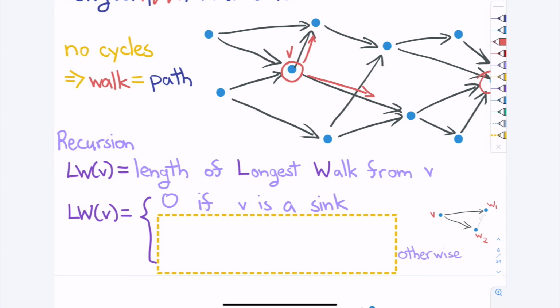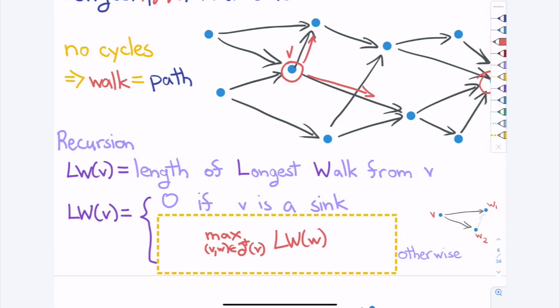Yes. Okay, so I'll take the max over all the edges that are leaving V. Here's some notation: sometimes this is called the out-cut of V. These are all the edges leaving V. LW of W. So here I'm looping over all the children, as you said, and getting the longest walk. Is that what you have in mind?